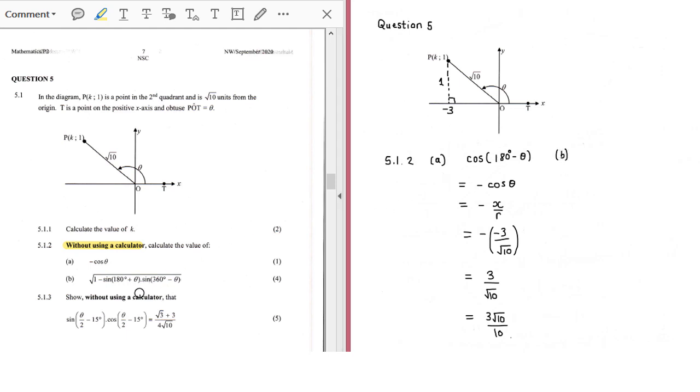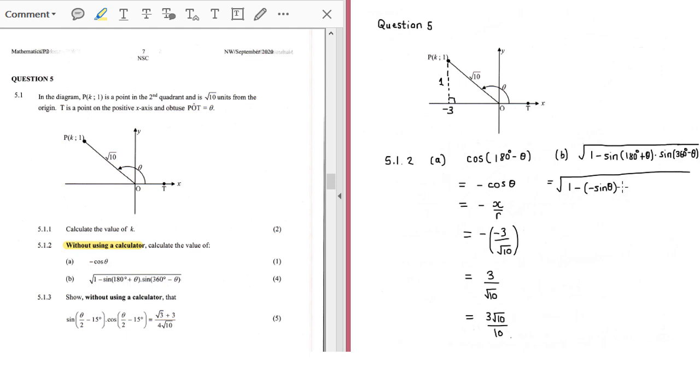For part B, we see we have a bunch of reduction formulas in here. So let's just simplify in here. 180 degrees plus theta is in the third quadrant. Sine is negative in the third quadrant, so this reduces down into the negative sine of theta.